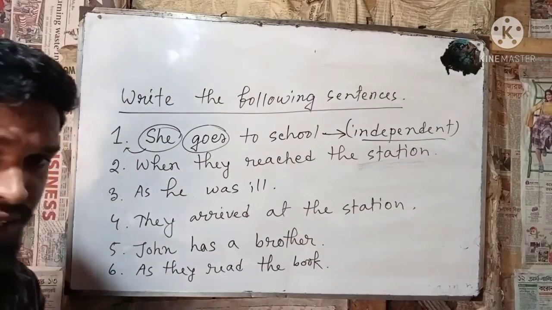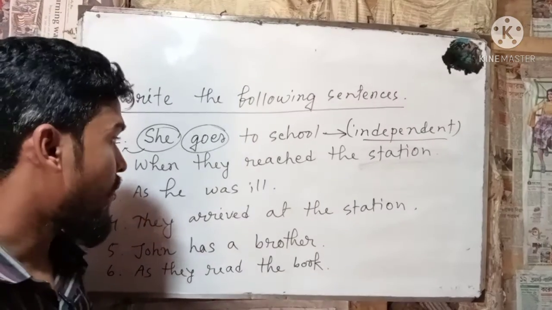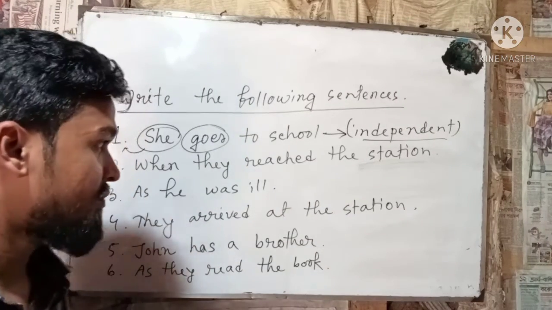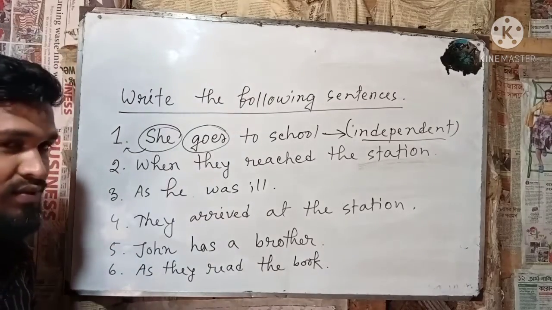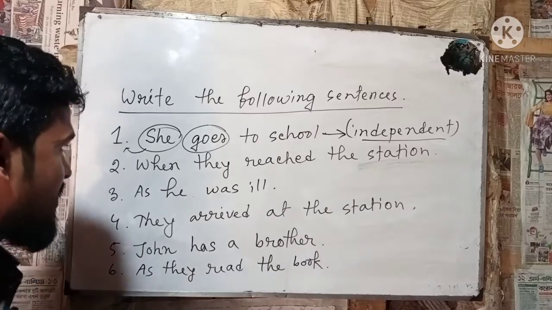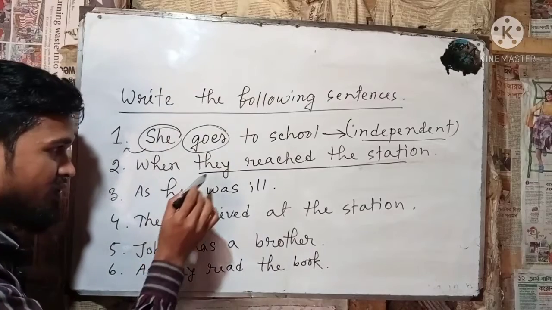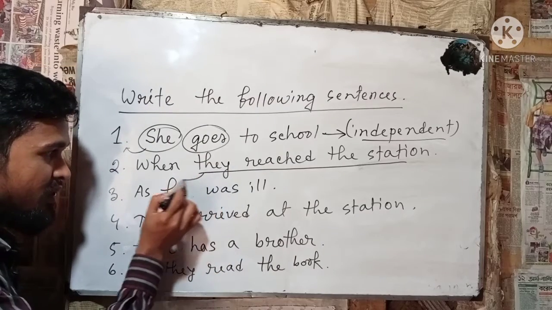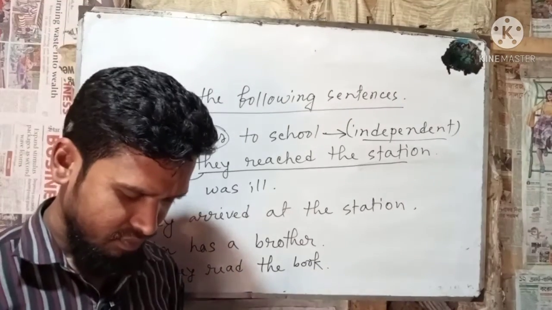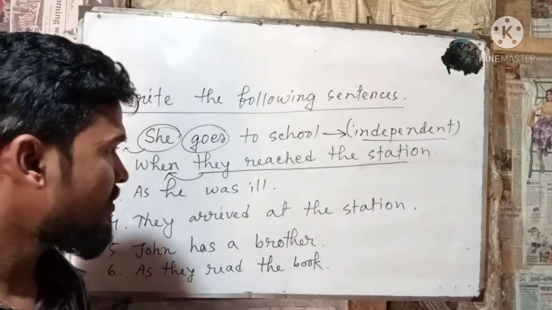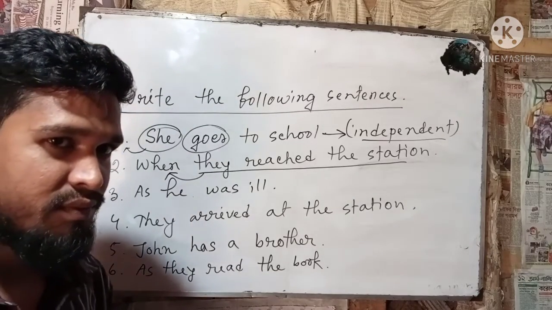When they reached the station. Please look at the clause. Does it make sense? No, it doesn't make sense. Before the clause there is a subordinating conjunction, and we know the structure of a dependent clause. What is the structure?